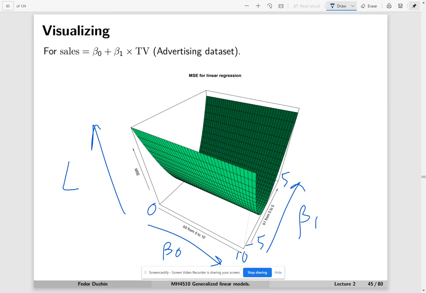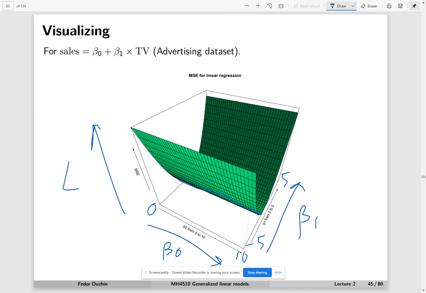Now, what we see here does not really look like a local minimum, right? It seems like this whole line along this sort of crease is going to have the same error, the same loss function. But as a matter of fact, it's not exactly like this. The level curves of this loss function are in fact very, very elongated ellipses.